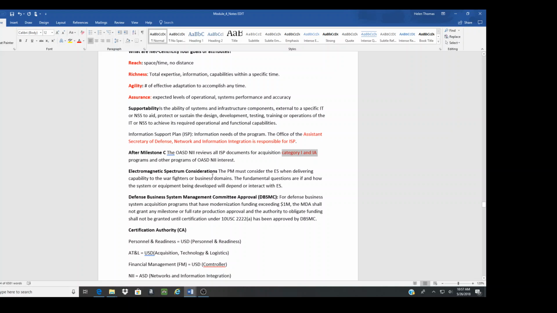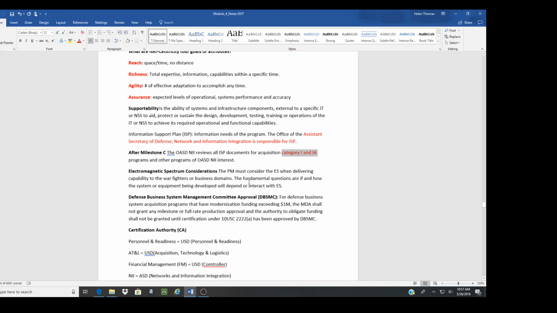Electromagnetic spectrum considerations: the PM must consider the electromagnetic spectrum when delivering capability to the warfighter. The fundamental questions are if and how the system being developed will depend on or interact with the electromagnetic spectrum. So we're into the signal type realm here.